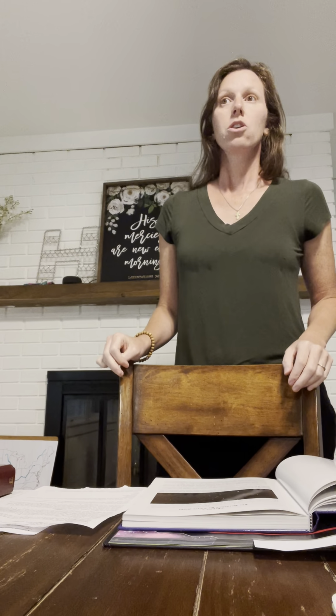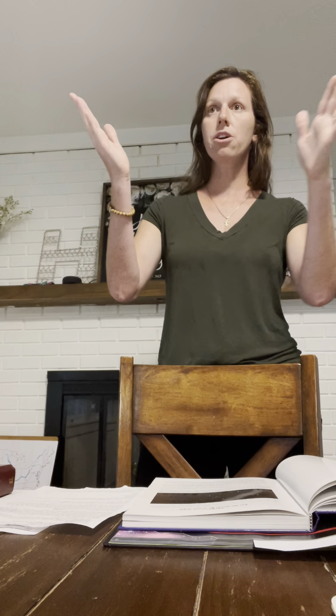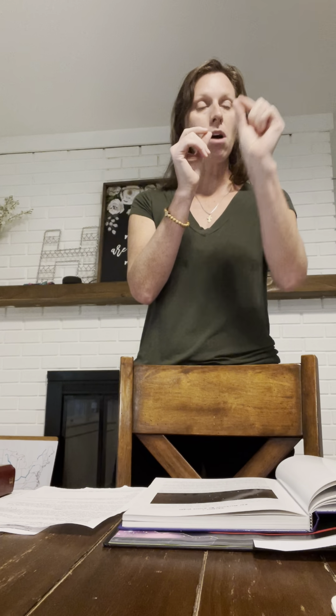Was anyone able to set up a cardinal line and find their north shadow by the length of it? Did anybody do that this week? Not yet? Okay. So this week, if you get a nice sunny day, try to set up that straight stick in the ground and check the length of the shadow from about 11:30 until about 1:30, and then make marks to see when the shadow is the shortest.